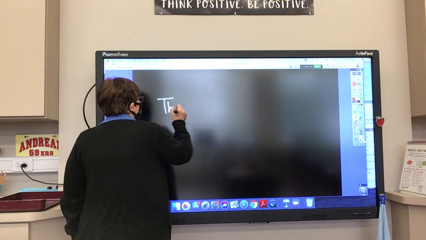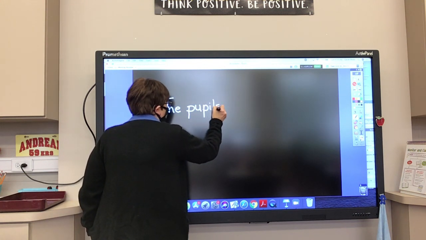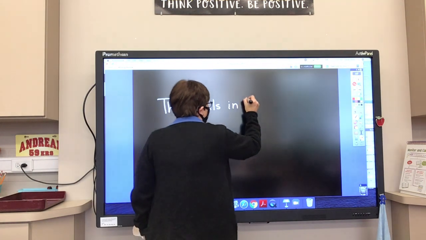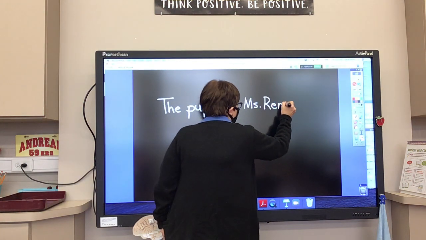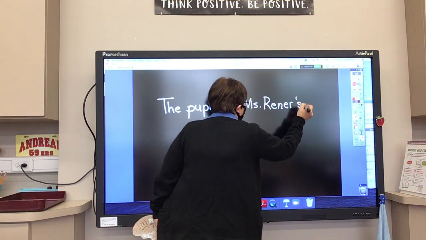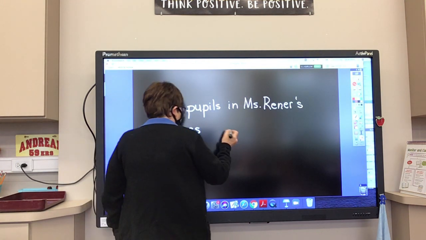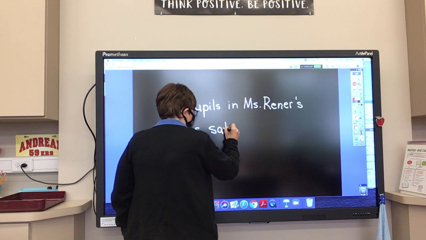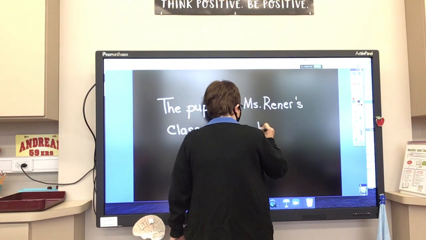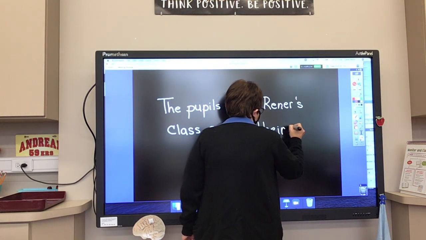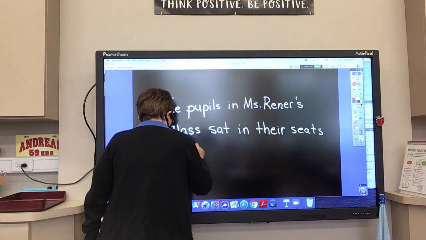The pupils in Miss Renner's class sat in their seats and drew pictures.